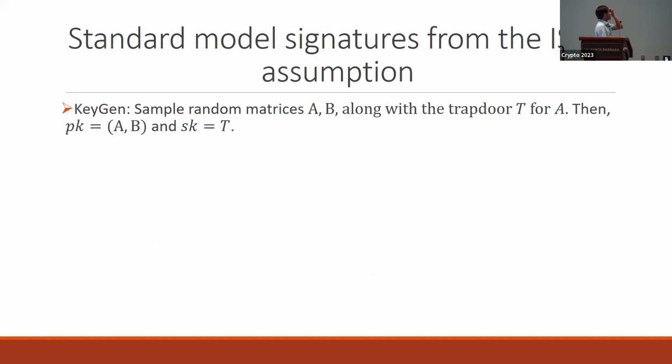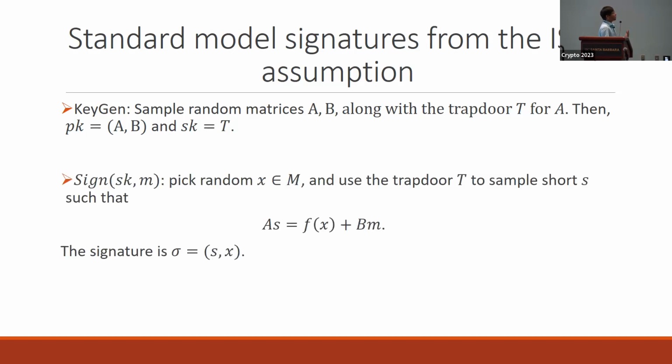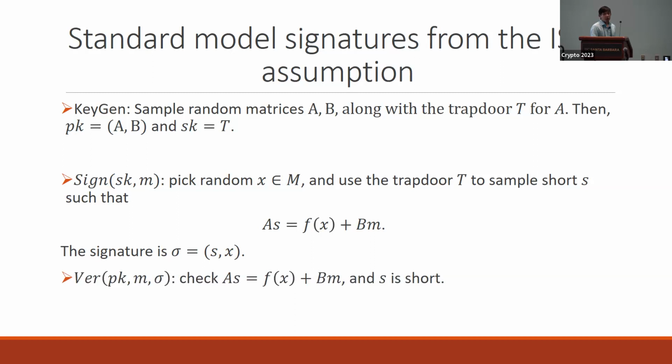The signature scheme is basically that we have the random matrices A and B, along with the trapdoor T for A. Then to sign, we pick a random X, and we use the trapdoor to sample a short vector S such that AS is equal to f of X. So the same as before, but now we are also adding B times M. And the signature is S and X. Then to verify, we just check the equation, and that S is short, and also that X is in the set M.